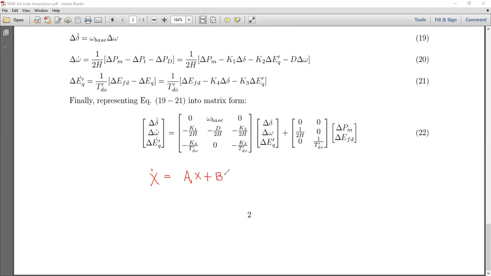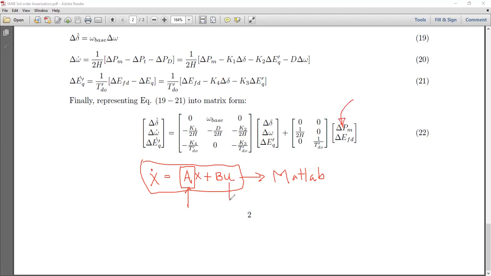So what we would like to do today is form this linearized representation in MATLAB, code it, and then see the responses that would come from the analysis of this A matrix, of course, with the application of some disturbance here in the U matrix.